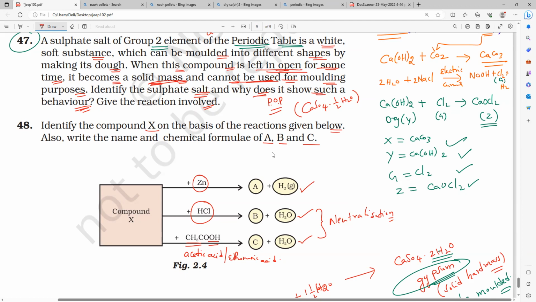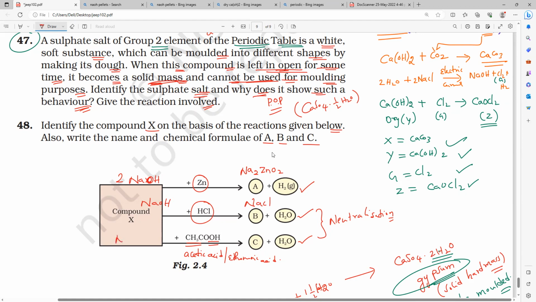So first, sodium hydroxide reacting with zinc. X is sodium hydroxide. What products come? We studied it in today's class: sodium zincate plus hydrogen gas. Balance it, 2 NaOH. Next, NaOH reacting with HCl gives sodium chloride plus water.